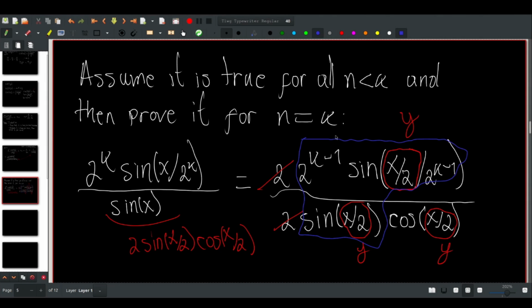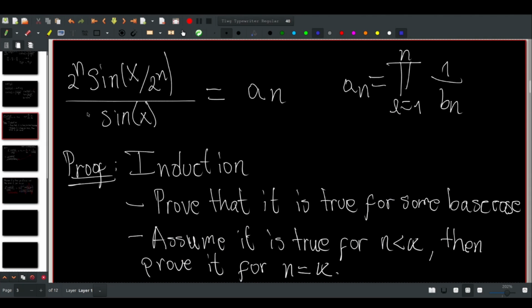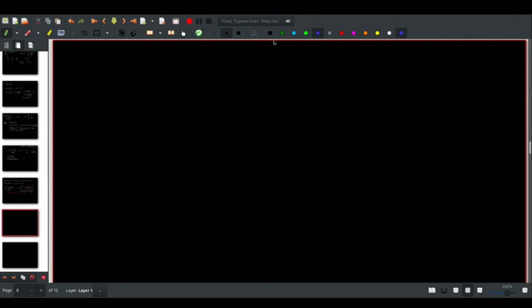So this whole blue box I can substitute using my assumption. I can substitute it by A_{k-1}, right? So perfect. I'm going to do that. What I have on my left hand side is A_{k-1}.